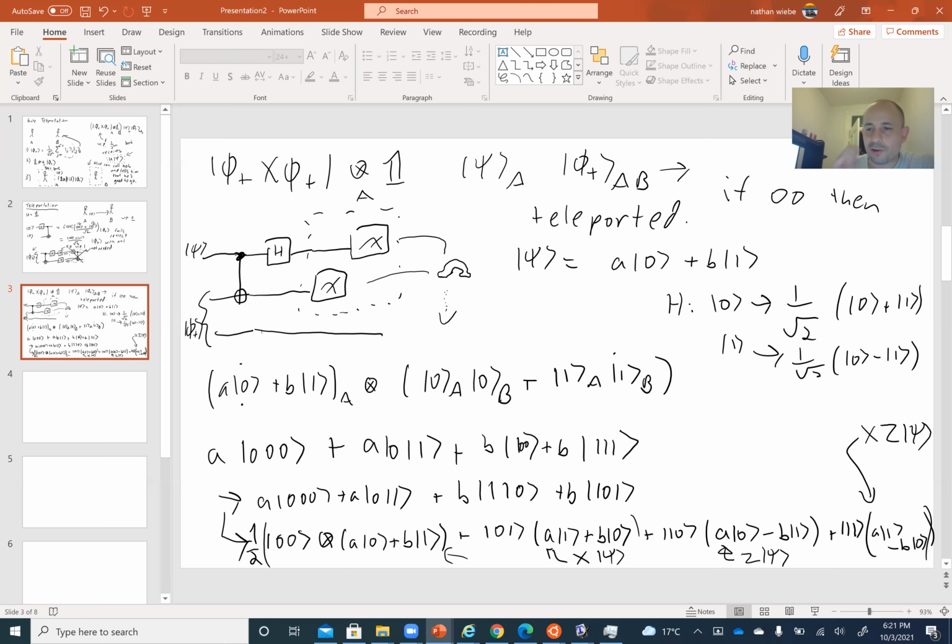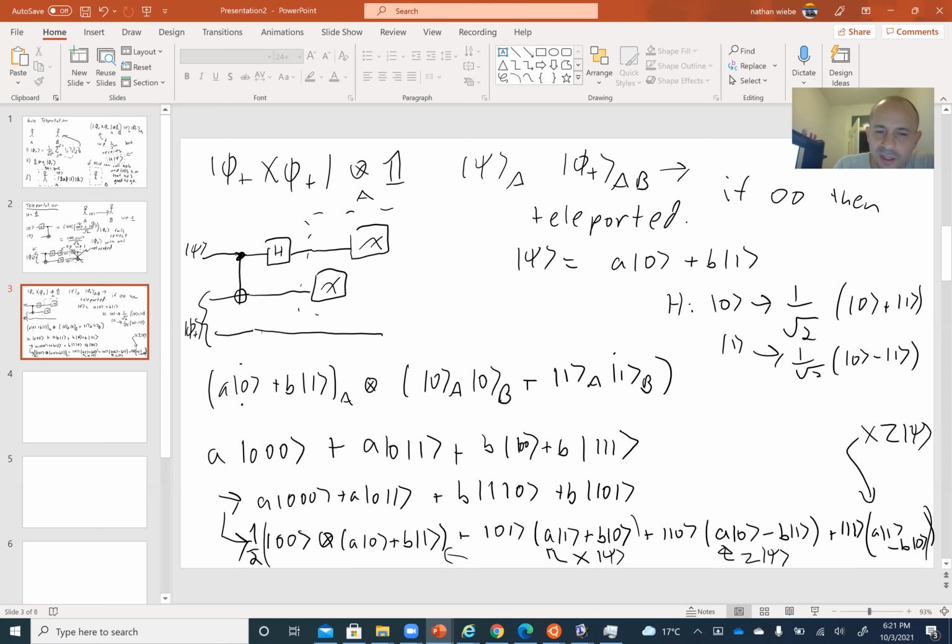So for example, if she measured 1-1, which is the worst case possible, she'd call up Bob and say, yeah, Bob, those measurements, they screwed up as bad as they could. It's a 1-1. So how about you fix that by applying a Z to your qubit and then an X to your qubit? And so there's a way that we can describe this type of algorithm within the graphical calculus that we use for the following.